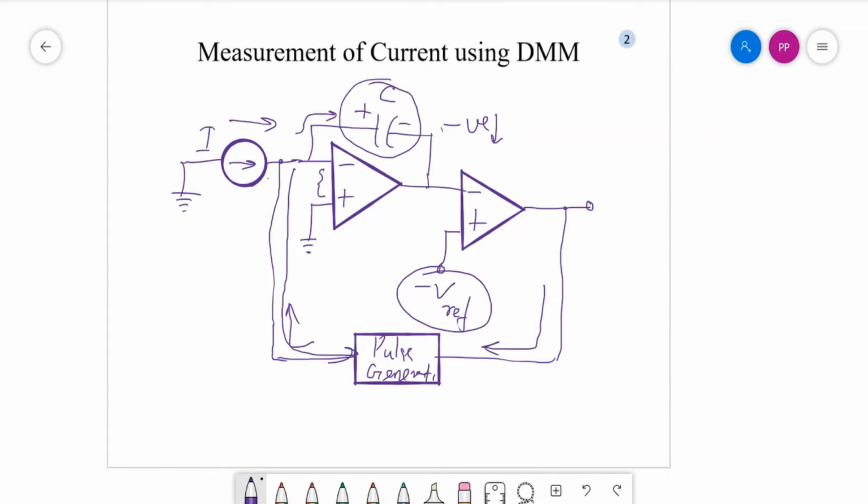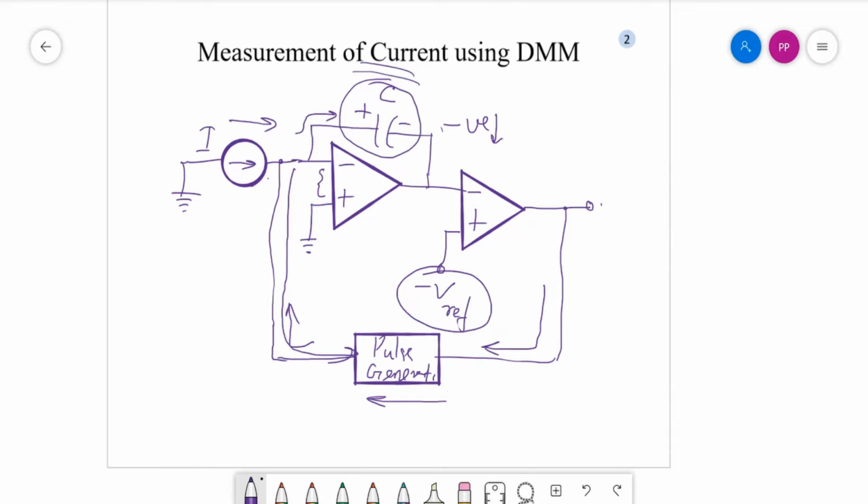So you have to charge and discharge the capacitor over and over again depending upon the magnitude of the current, because the more the current magnitude, the faster the capacitor will be charged. So we can see that the more the charge on this capacitor, the faster will be the reset of the pulse generator.